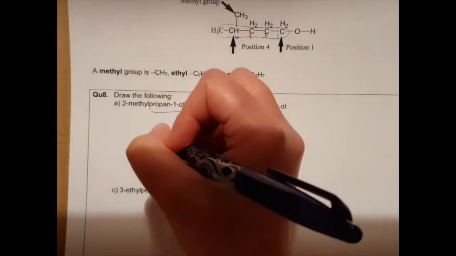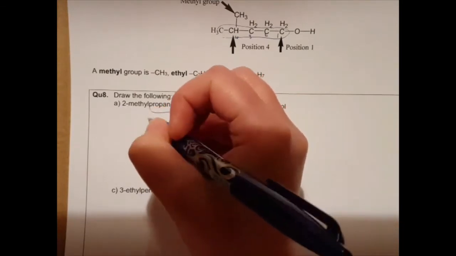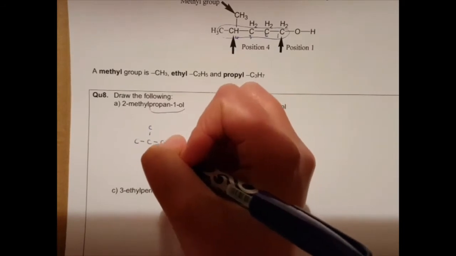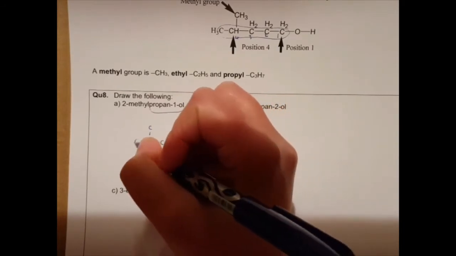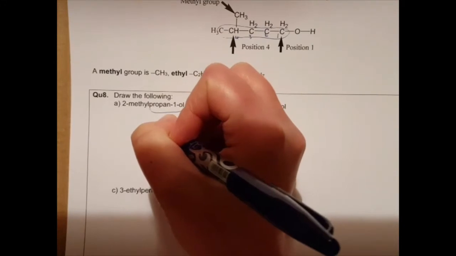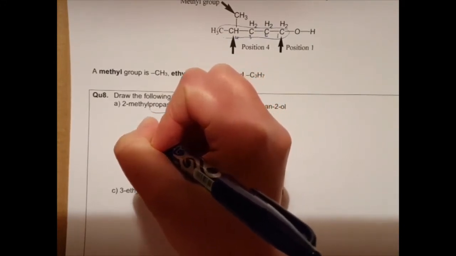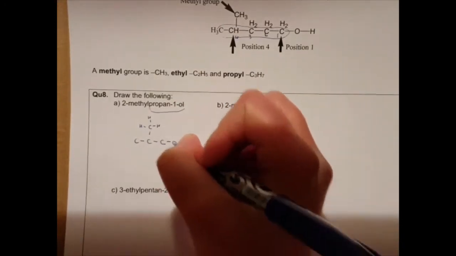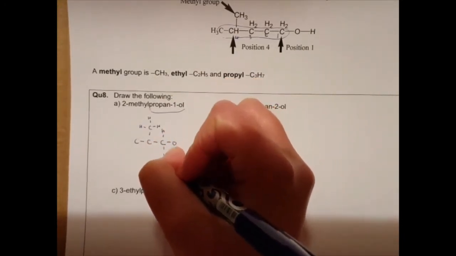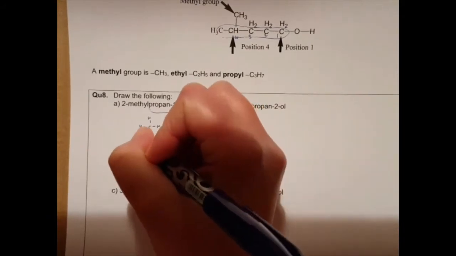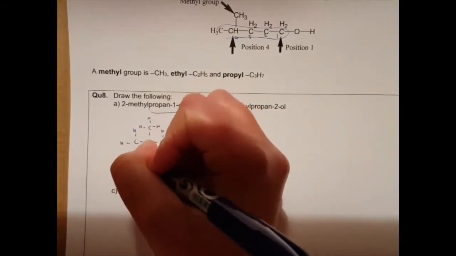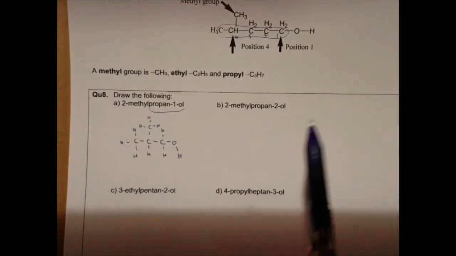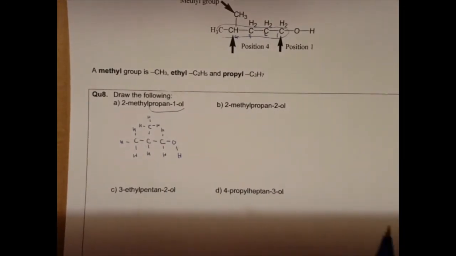To 2-methyl, so we've got a branch. Meth means 1 carbon. We've got a branch with 1 carbon on carbon number 2, so either way we go, 1, 2, 3 or 1, 2, 3, the middle one's going to be carbon number 2. And it's propan-1-ol, so our OH group is going to be on the first carbon here. Okay, so I'm sure you're going to manage to do the next few of those yourselves.